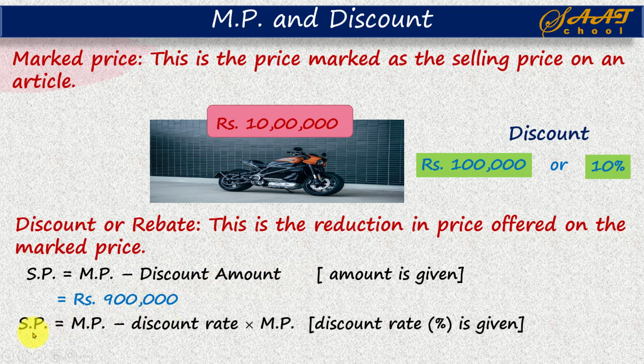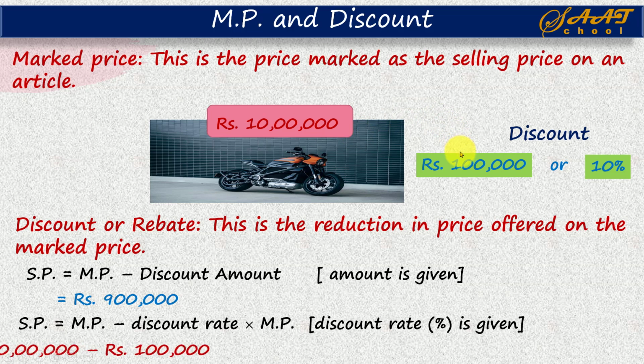Now, when the discount rate is given, in that case SP is MP minus discount rate multiplied by MP. Here we have an MP which is 1 million and we have a discount rate of 10%. 10% of 1 million is equal to 100,000.